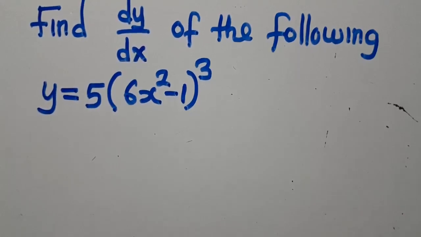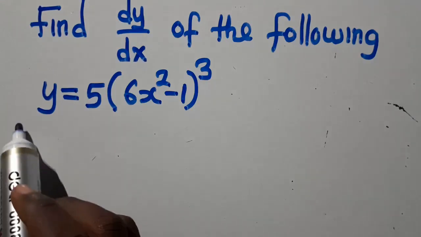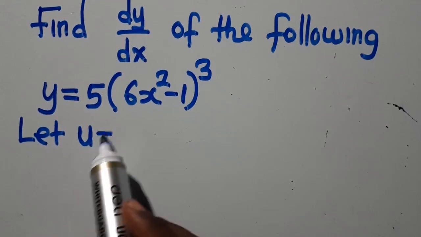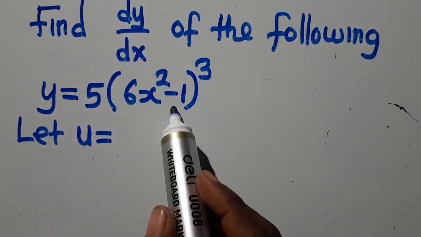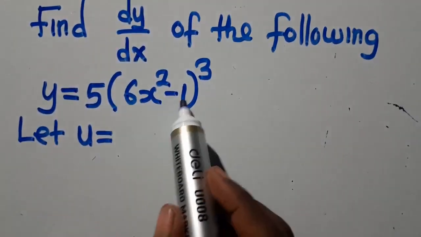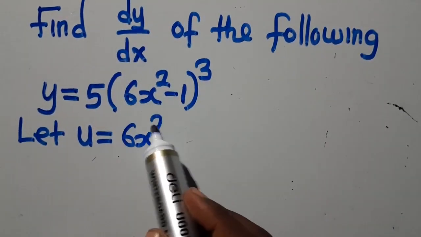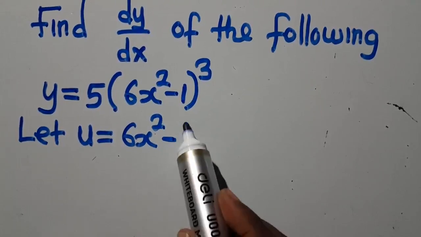This is another question that we want to differentiate using the chain rule of differentiation. So what are we supposed to do? We say let, the same thing we've been doing, let u be equal to what is in the brackets. Your concentration should just be what is in the brackets: 6x squared minus 1.